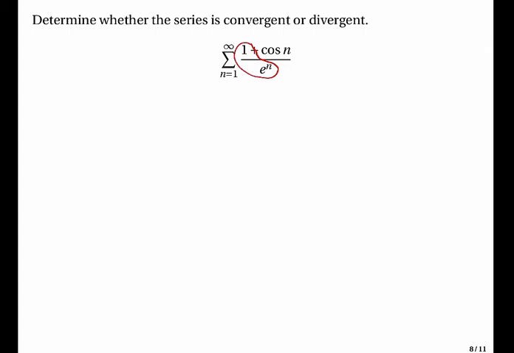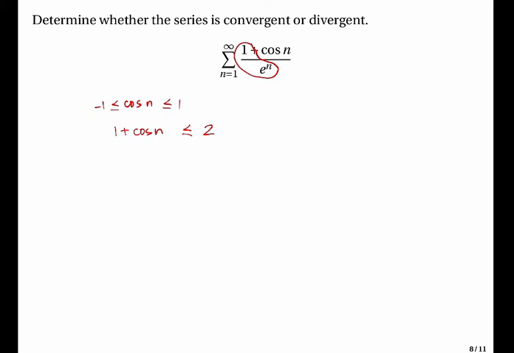We know that cosine of n is less than or equal to 1, but greater than or equal to negative 1. But we will not need this. What we need is that cosine of n is always less than or equal to 1. Okay? Which means that 1 plus cosine n will be less than or equal to 2.